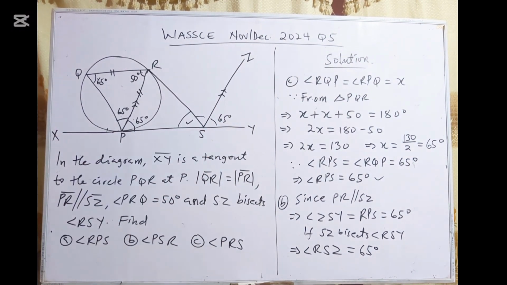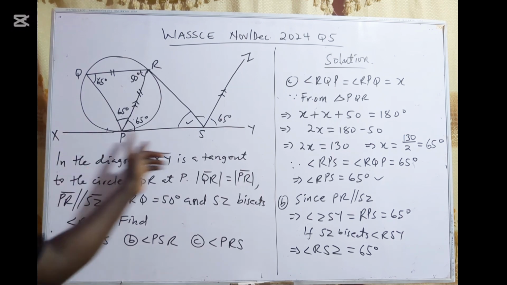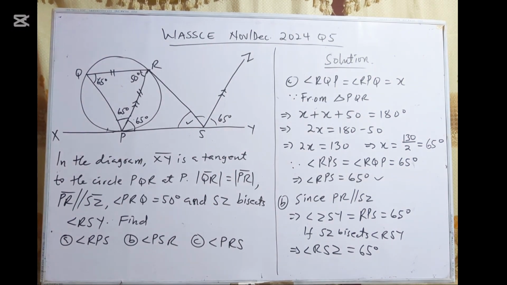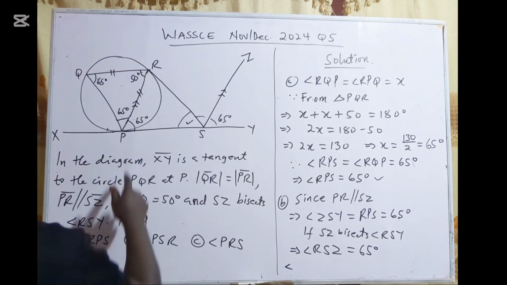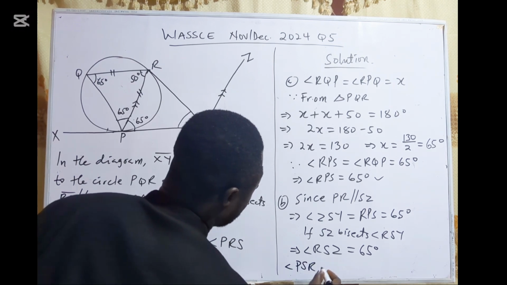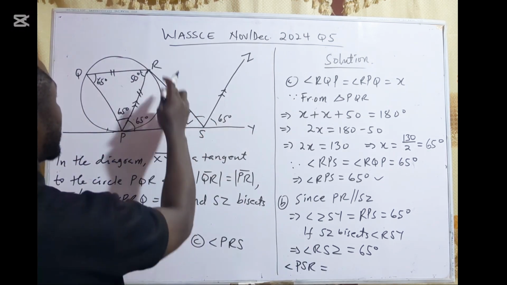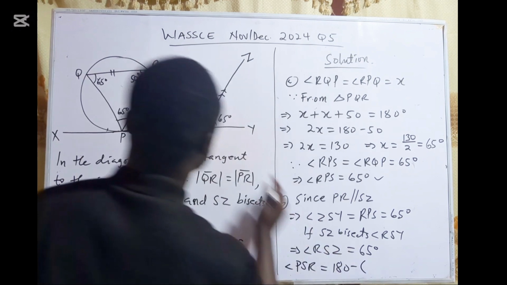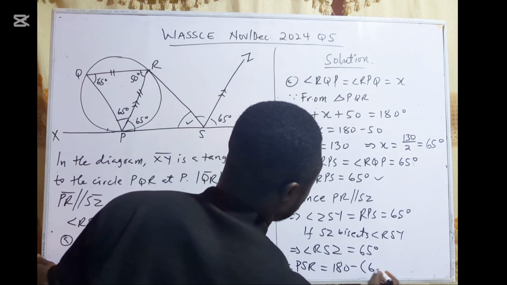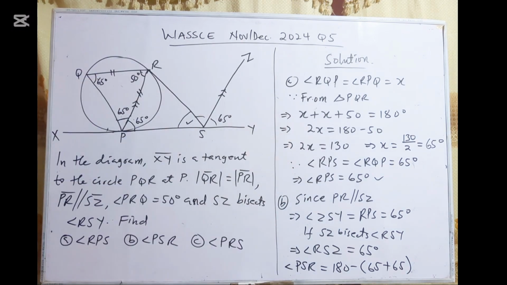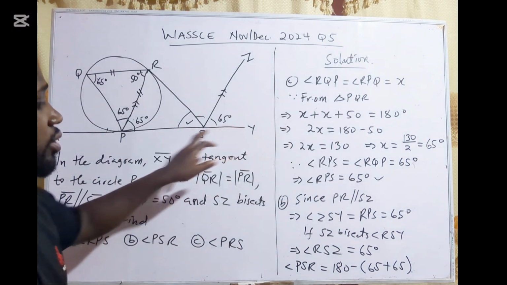It's like bisecting. Alright, then we can have angles on a straight line. This plus this will give me what? Will give me 180 degrees. So I can say that the same angle PSR, this angle here, is equal to 180 minus this 65 plus the 65. So 180, this is an angle on a straight line.